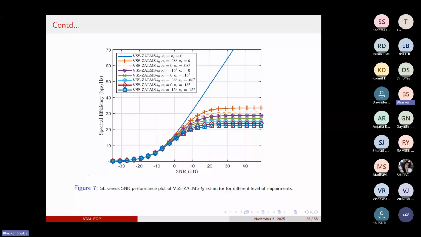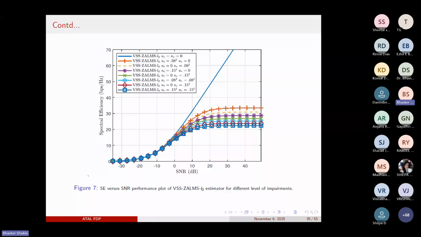So here we can see that kappa R has more severe impact, means the receiver side distortion has more severe impact as compared to the transmission side distortion. So that is the basic finding of this work.